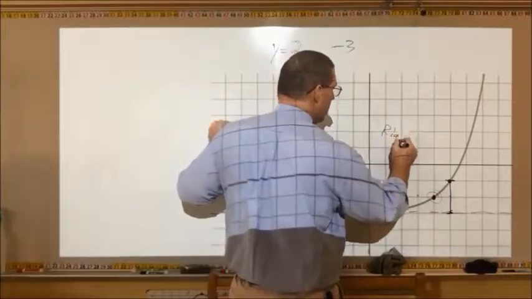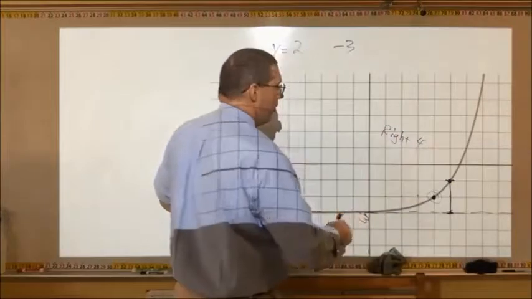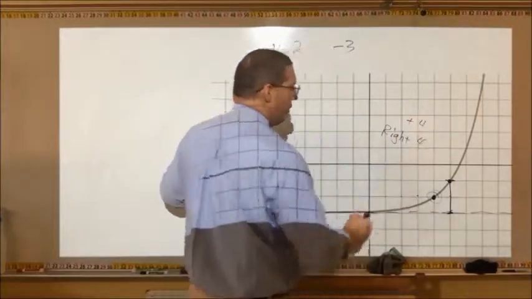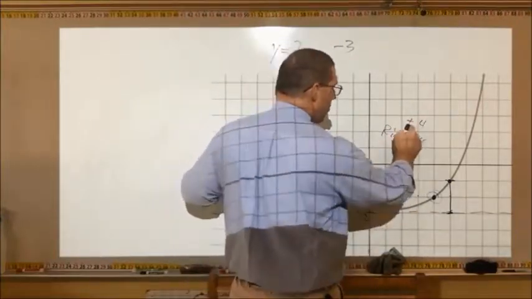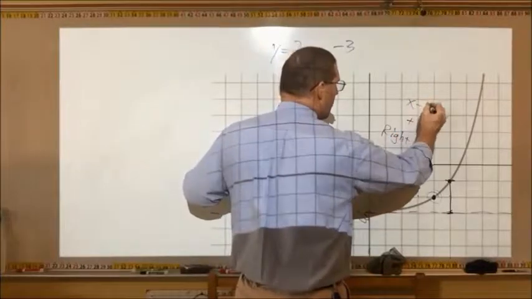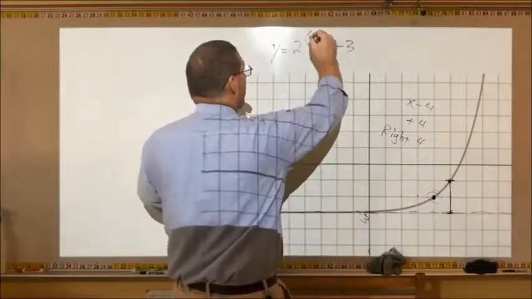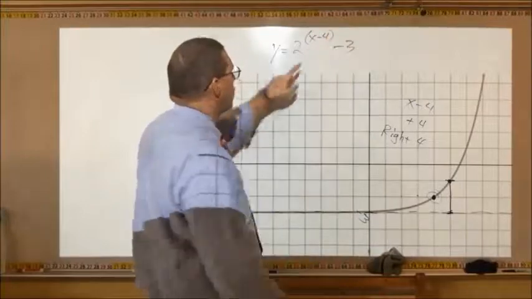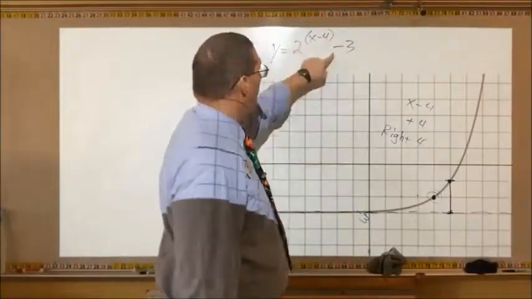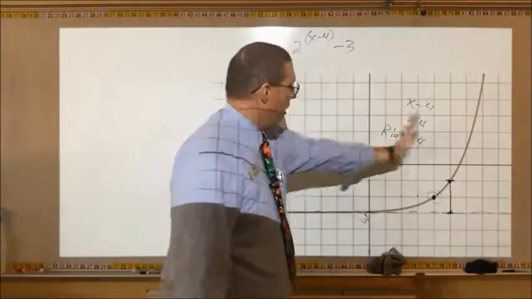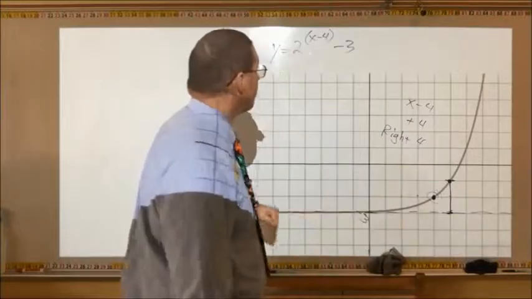So right 4. That means a +4 shift. But we have to reverse the sign, and it becomes x minus 4. So we're going to put to the power of x minus 4. So we shifted to the right 4 and down 3.